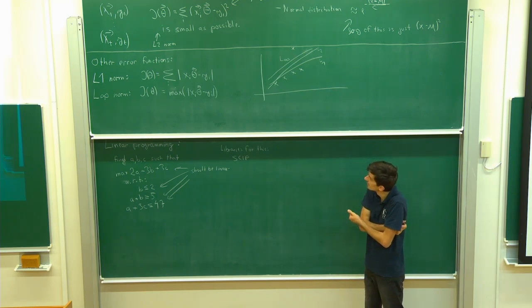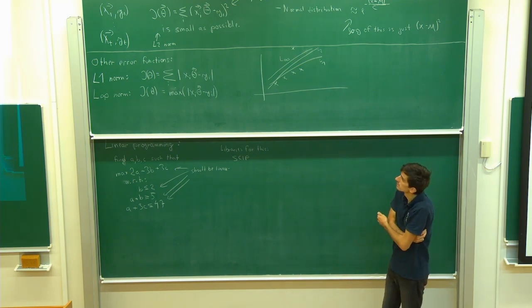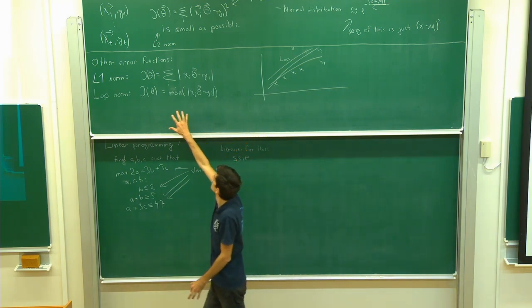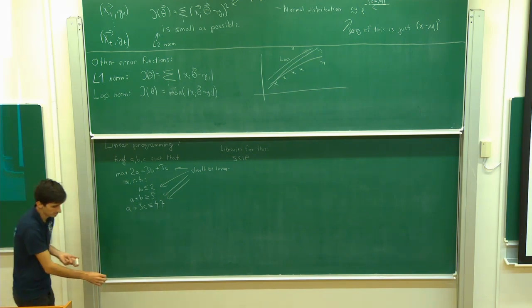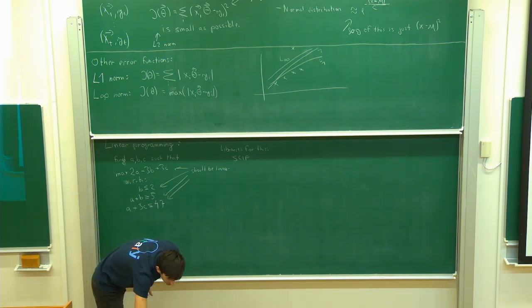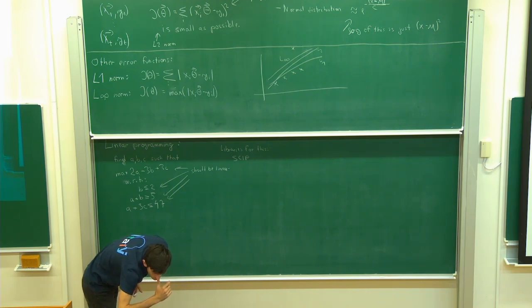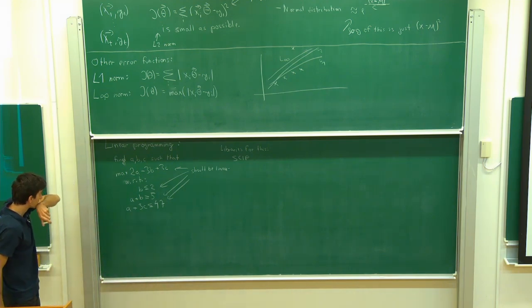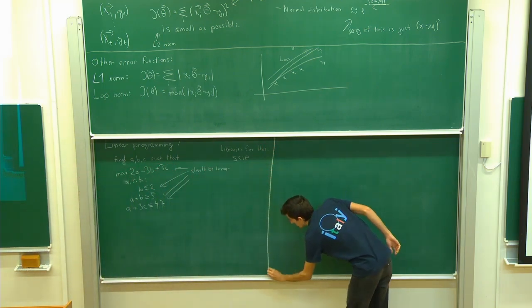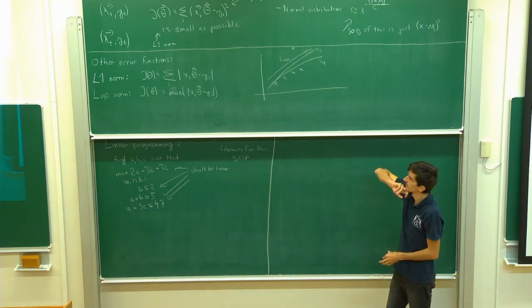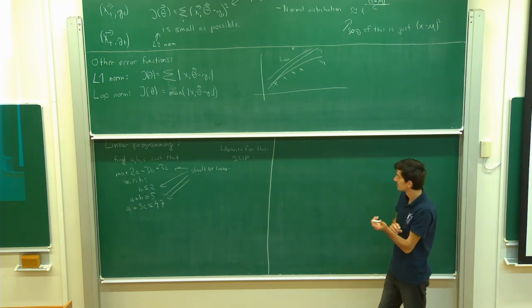So the question is how we can formulate these problems. We are looking for some data so that we are minimizing those deviations. The example solution for that is that we can use linear programming, for example, for the L infinite norm.